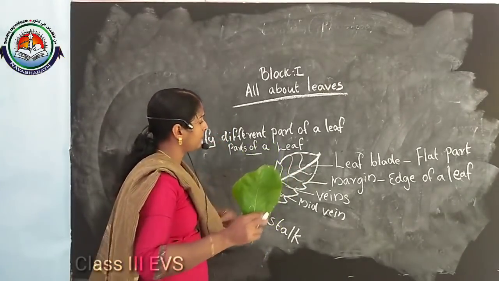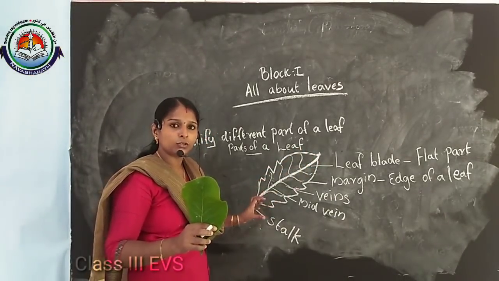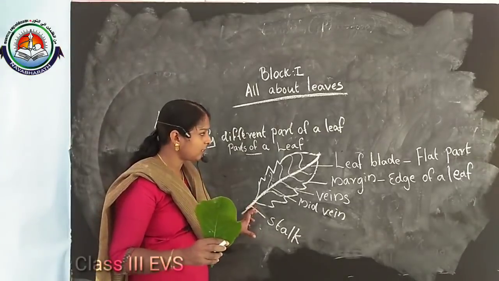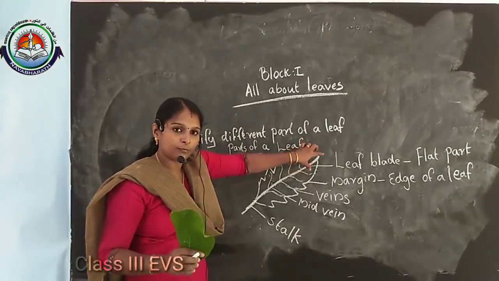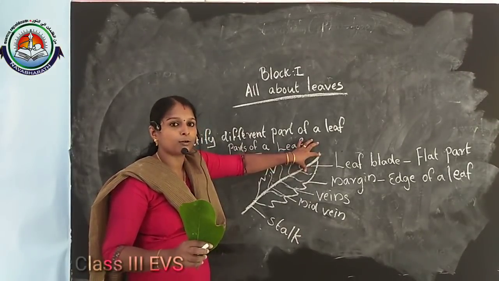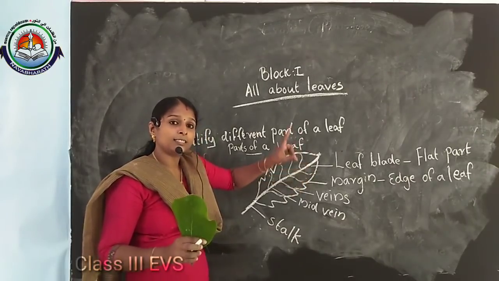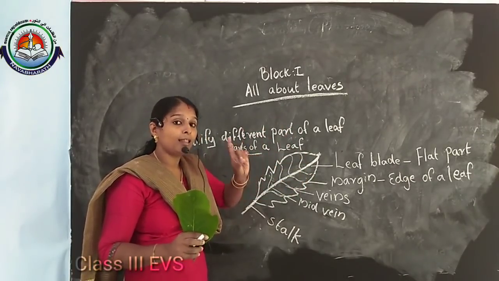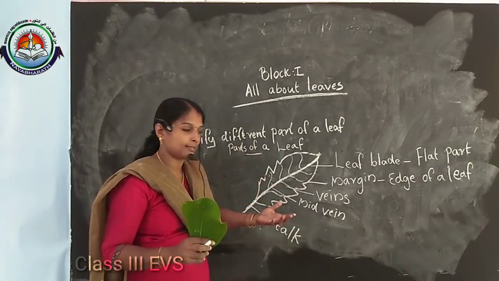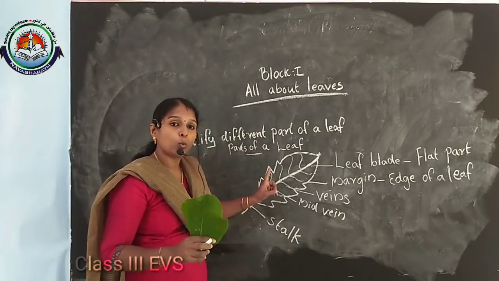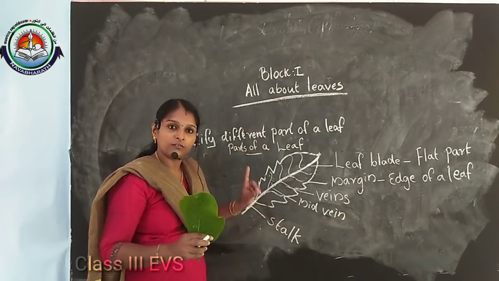Okay, so we studied the different parts of a leaf. I think everybody understood, right? The first part of a leaf is the leaf blade, the flat part of a leaf. The second one is the margin, the edge of a leaf. Third is veins, the small lines on the leaf blade.